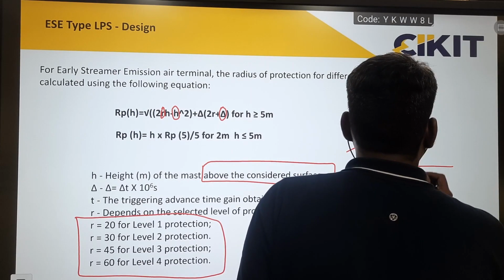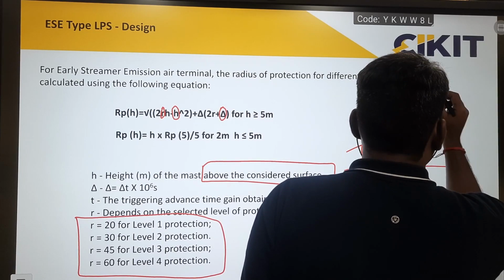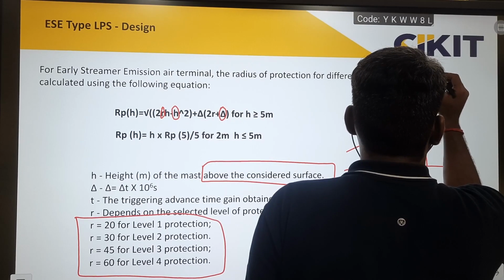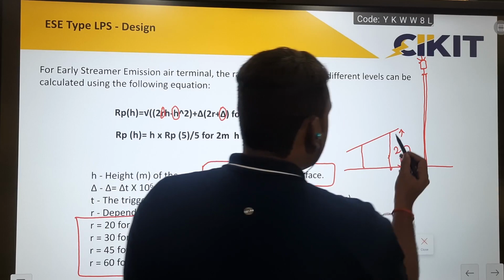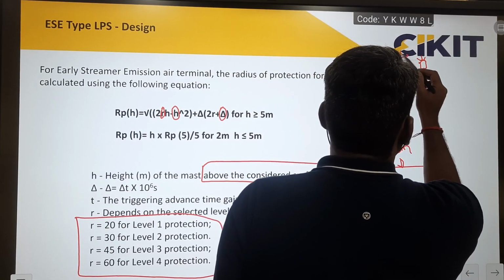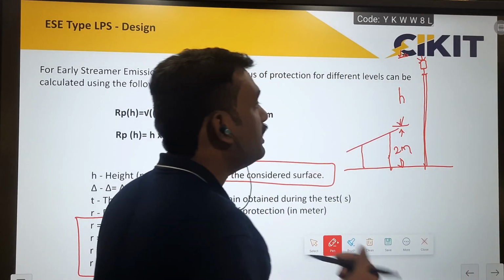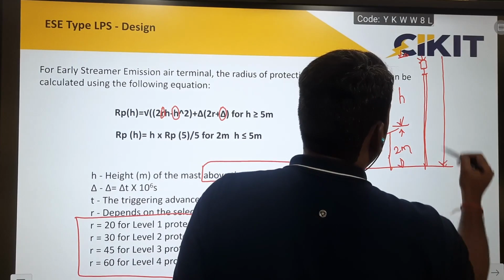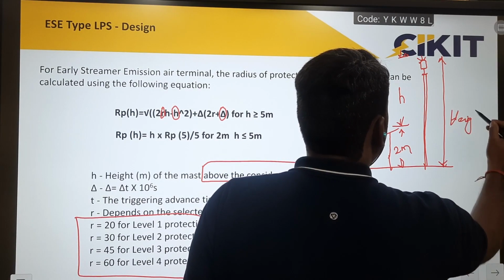For example, if we take ground-mounted solar, the height of the solar panels is 2 meters. If I am providing the air terminal here, the height to be considered is the height above the panel.